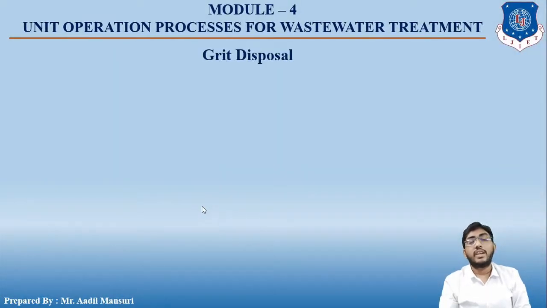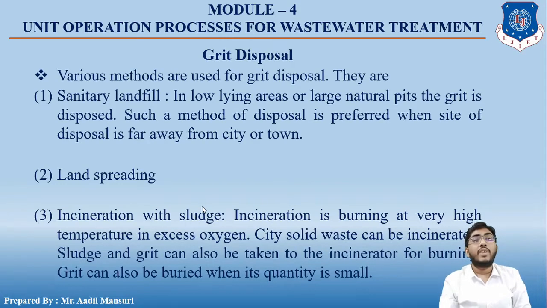Next is grit disposal. Okay, so various methods are used for grit disposal, and they are basically three. First one is known as sanitary landfilling, second one is known as land spreading, and third one is known as incineration with sludge. Okay, so sanitary landfilling is done usually in low-lying areas or large natural pits. The grit is disposed. Okay, such a method of disposal is preferred when the site of disposal is far away from the city or town.